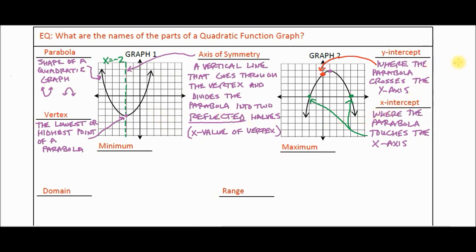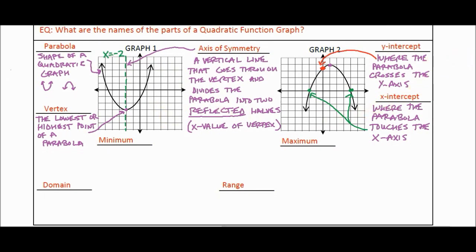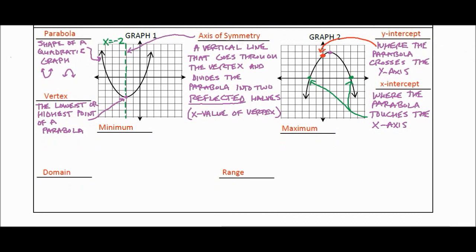So first we'll talk about minimum and maximum. Minimum and maximum. When we talk about minimum, we're really talking about the lowest part of the parabola. So a minimum value only makes sense when the graph of the parabola faces up.